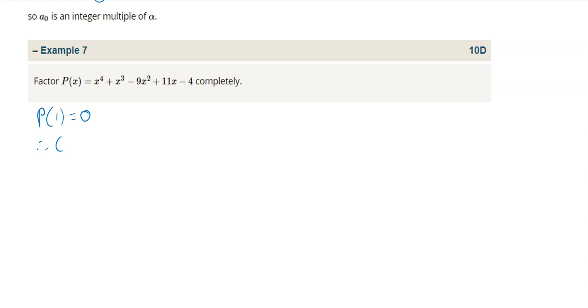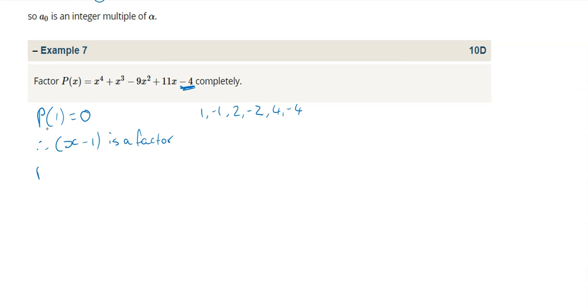So therefore, x minus 1 is a factor. Well, let's keep going. Our constant here is -4. So all of the possibilities are effectively 1, -1, 2, -2, 4 and -4.